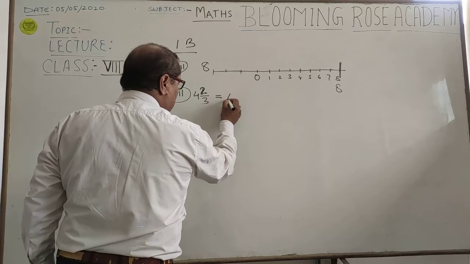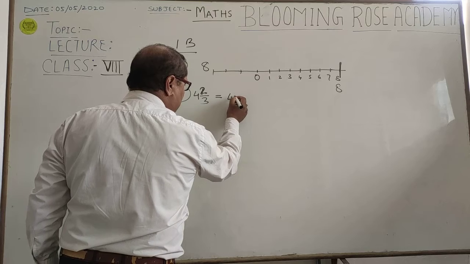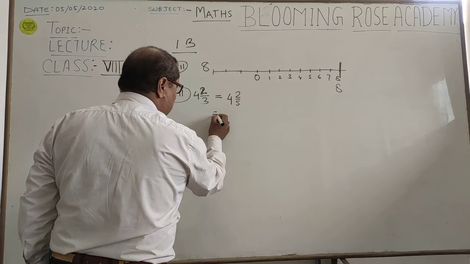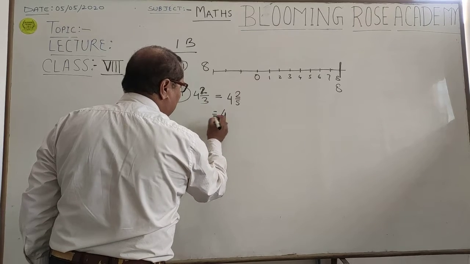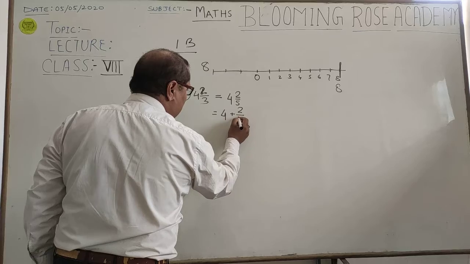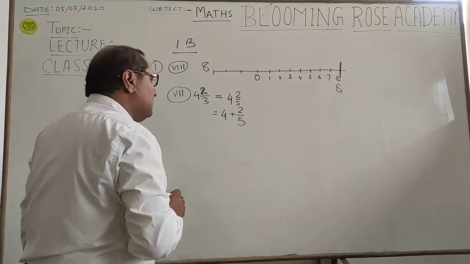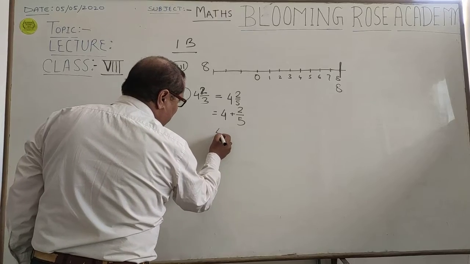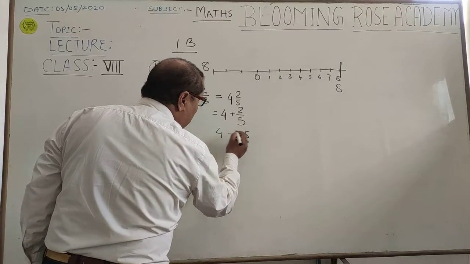The question says 4 and 2 by 5. It means 4 is a whole number and 2 by 5 is a rational number. So the number 4 and 2 by 5 lies between 4 and 5.